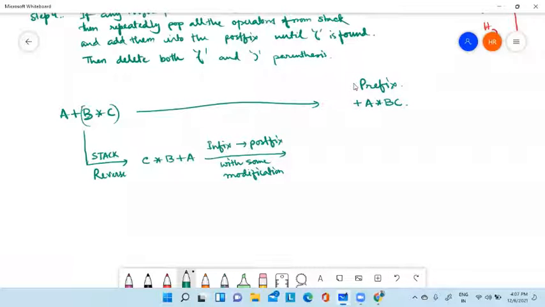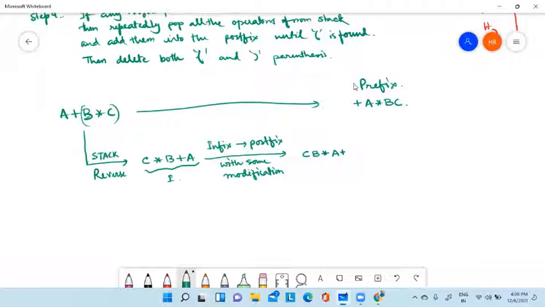So if you perform this infix to postfix, simple. Suppose consider this one is your infix. If you perform infix to postfix, what will you get from this? You will get C B into, then A plus. This is simple.